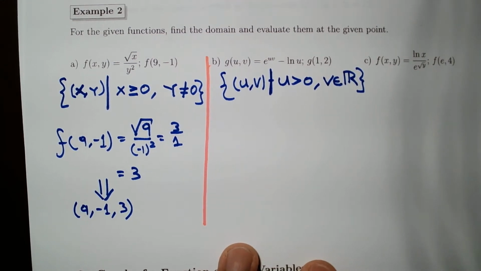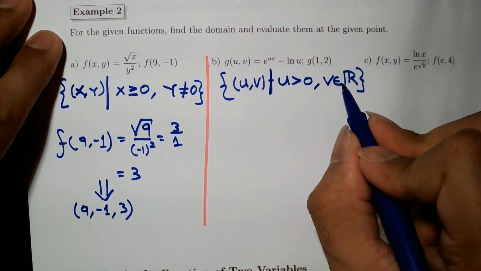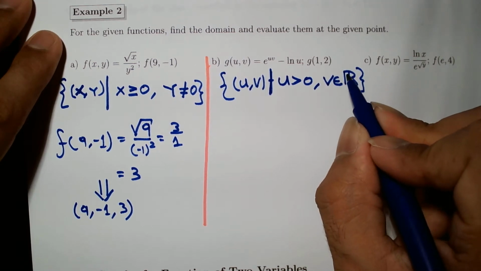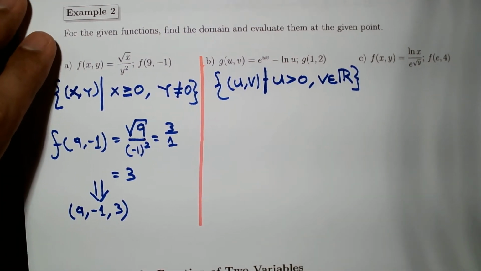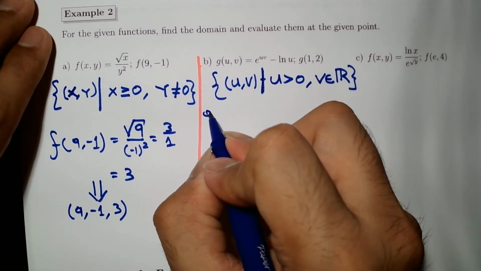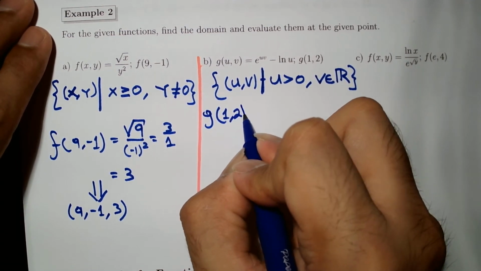Alright, so that's how we would express this. This symbol means belongs to, and this stylized R means real numbers. So let's evaluate the function at the given point. g evaluated at u equals 1, v equals 2.